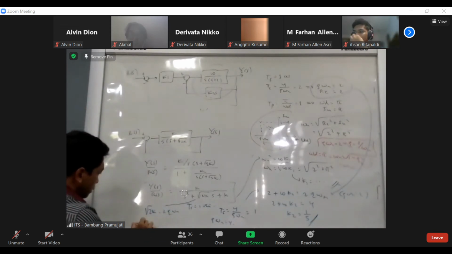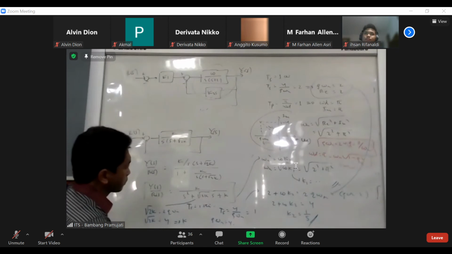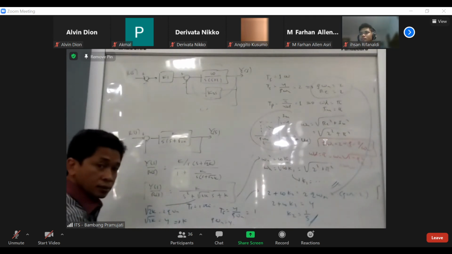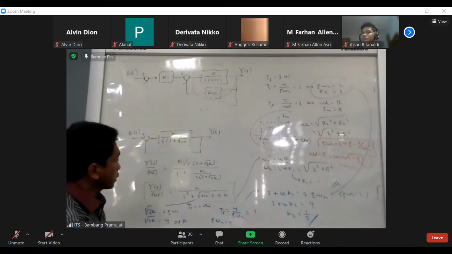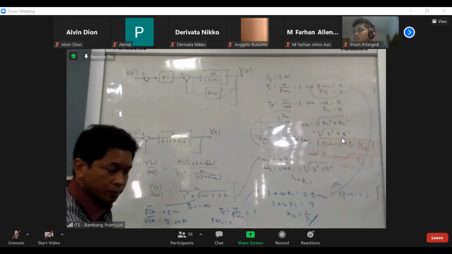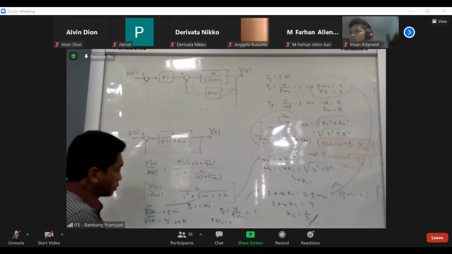So square root of 2K equals 4, and then you can find K here. This is the only information that you will be able to find in question number 2. But for number 1, settling time, peak time, let alone percent overshoot, you won't be able to find anything because you don't have the information.